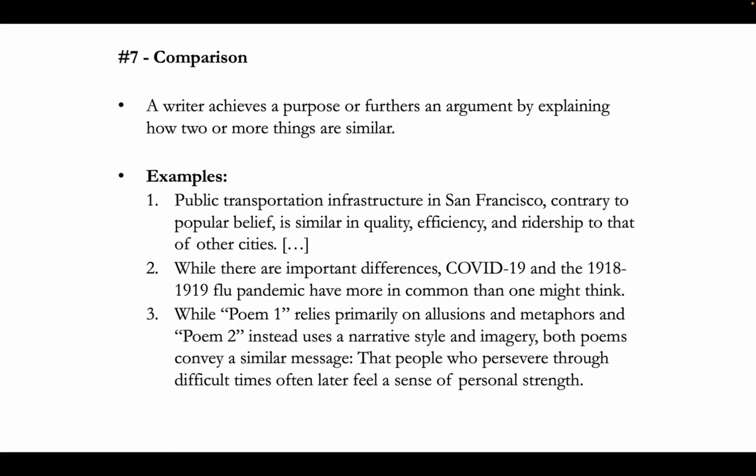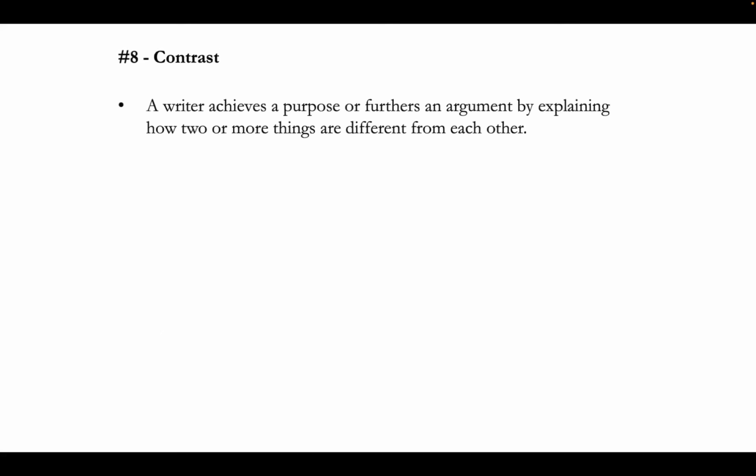Right, so then this would be a discussion of how there are different rhetorical or literary devices used in each poem, but they convey the similar message. And clearly the focus, based on the way this thesis is written, is going to be on that similar message. So comparison.